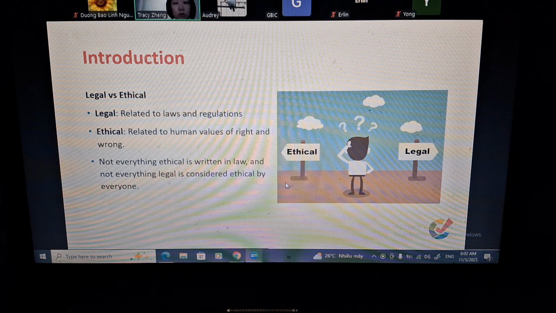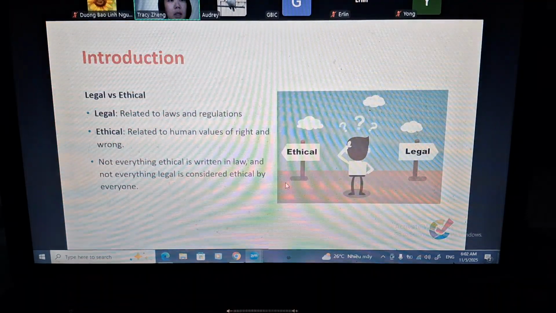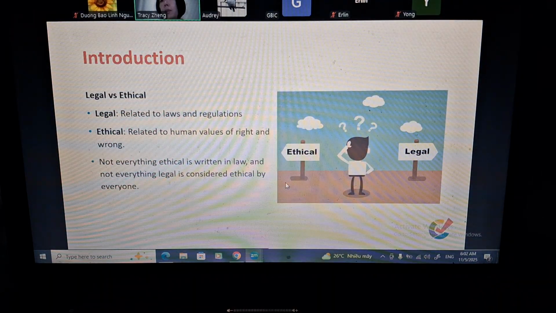So we're going to discuss deeply the legal considerations, and the second part is to focus on discussing ethical, how that's related to our human values and rights, what is right and wrong, and why we need to do it in this way.